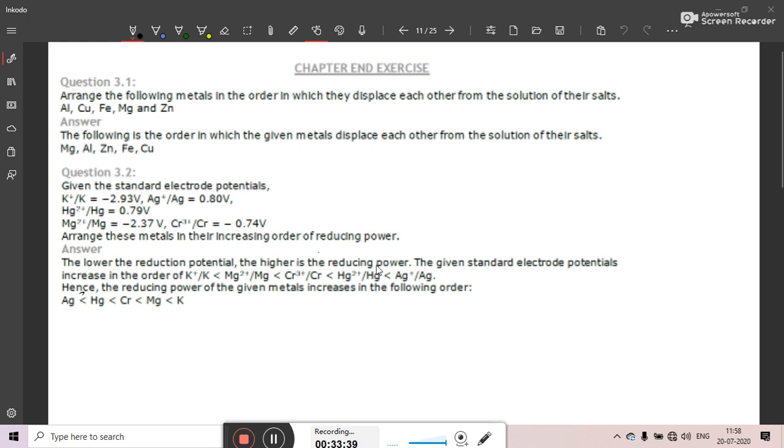So the increasing order of reducing power will be, if potassium has the lowest reduction potential, only minus 2.93, less than Mg, less than chromium, less than Hg, less than silver. These are in increasing order of reduction potential.